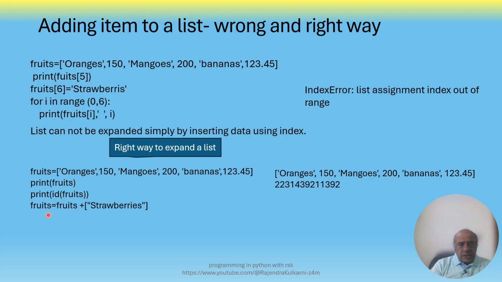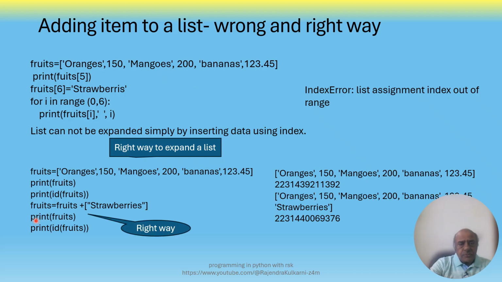We create a list which now shows the additional object added, but the difference is that fruits with these 6 elements has an object whose ID is 1392.